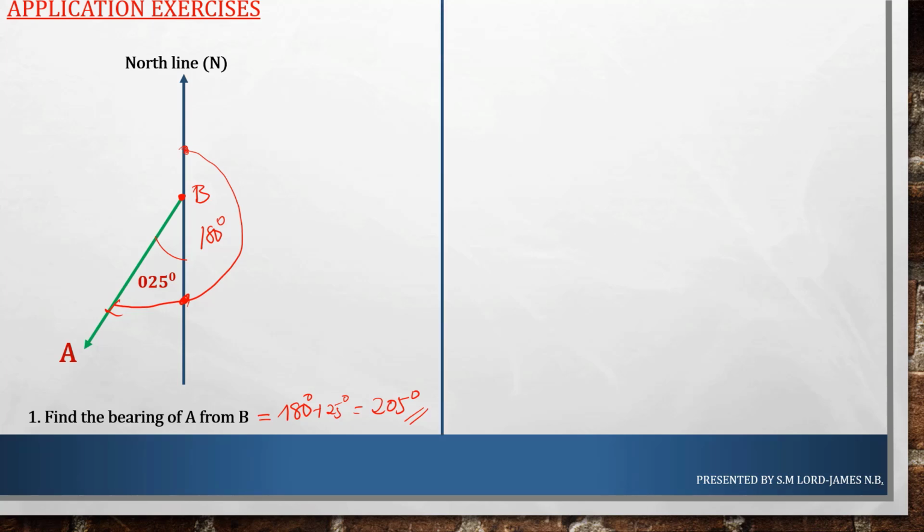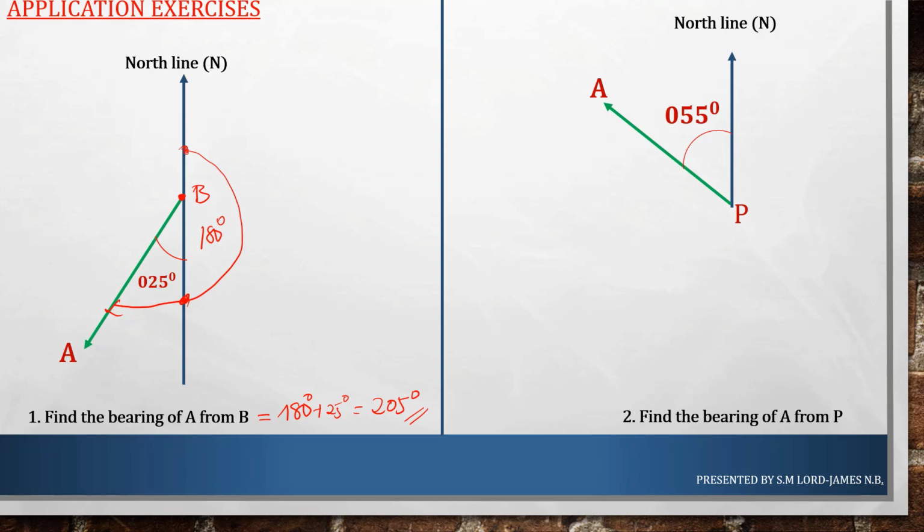The next, we have to find the bearing of A from P. The bearing of A from P is the measurement in the clockwise sense. But remember, we said that the total angle in one revolution gives us 360 degrees.